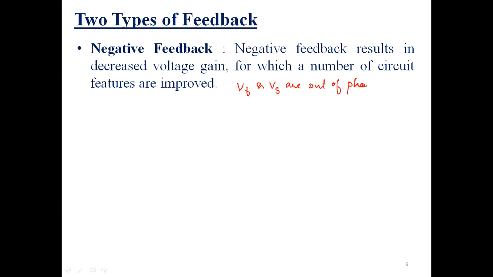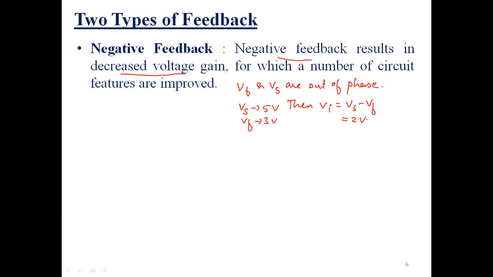So for example, if VS is 5 volts and VF is 3 volts, then the actual Vi, which is VS minus VF, will be 2 volts. This is during the first phase. That means negative feedback results in decreased voltage gain.